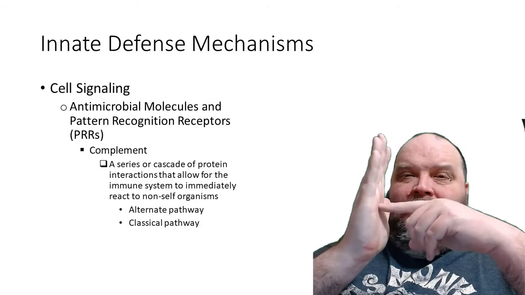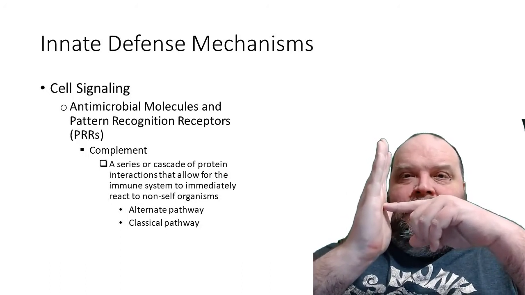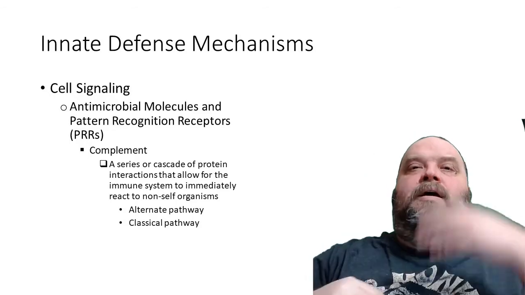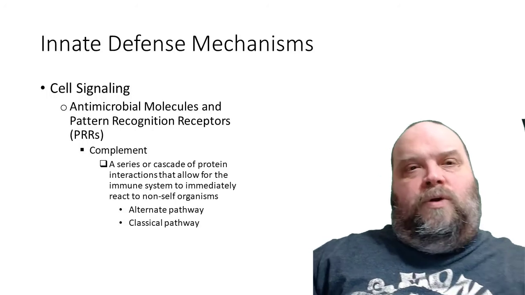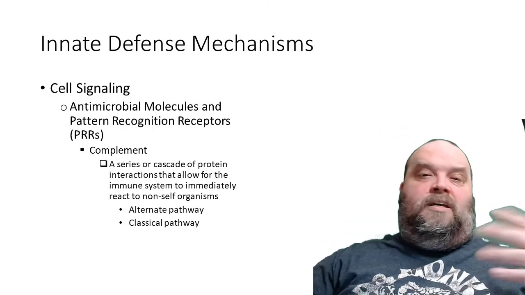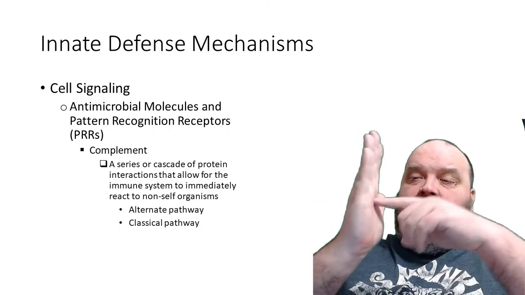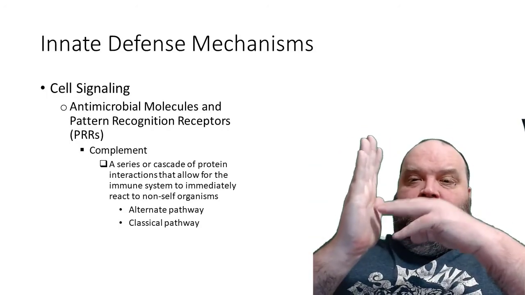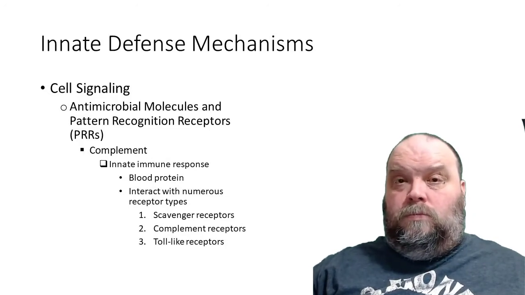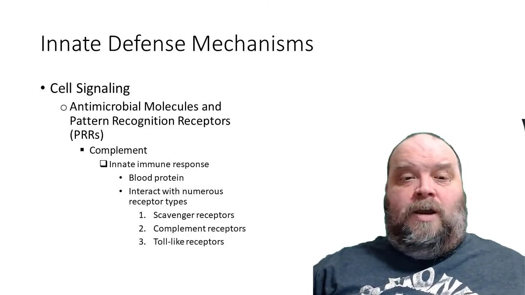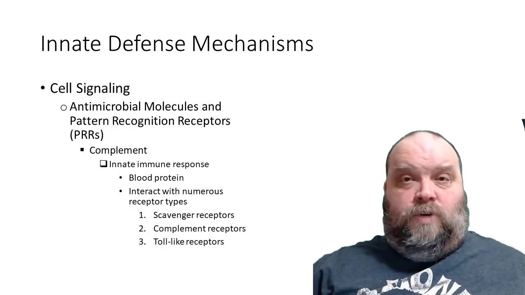As they're binding, they act as a protease to cut and clip the next step. C1 clips C2 and C3, C3 cuts C4, C4 cuts C5, 6, 7, and so on. The fragments that are also now binding to the surface of something not you can now interact with, as we see here, different receptors, scavenger receptors.